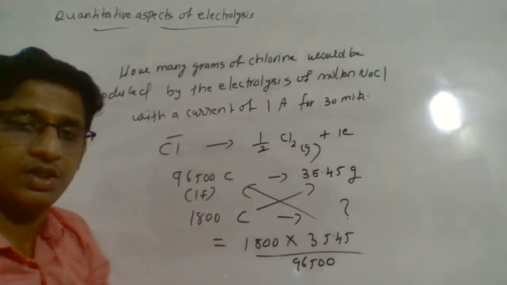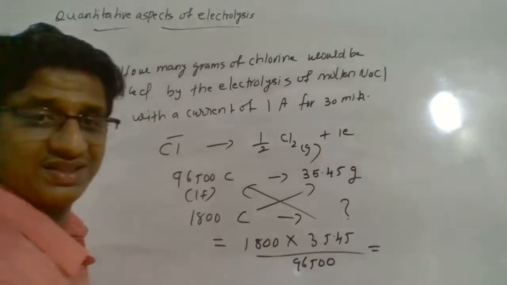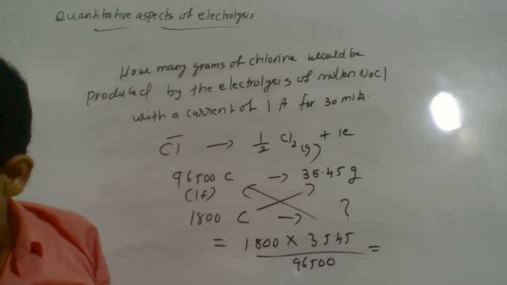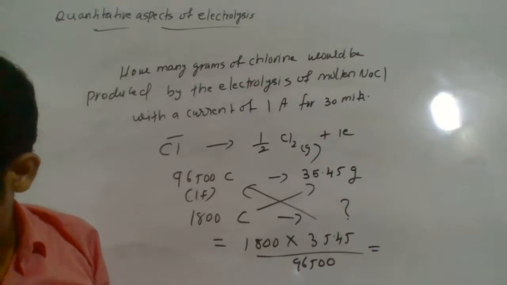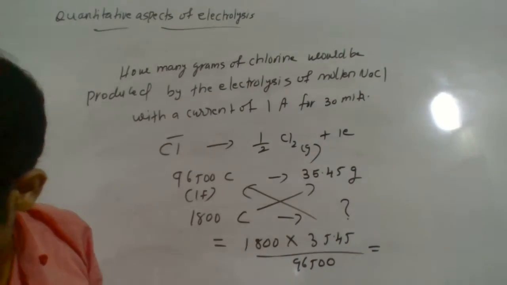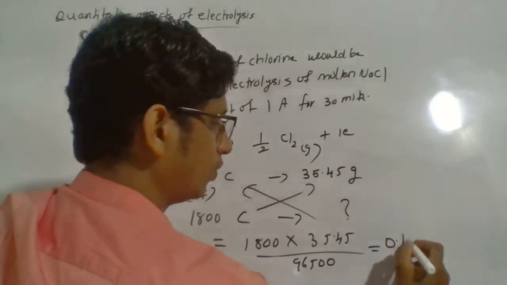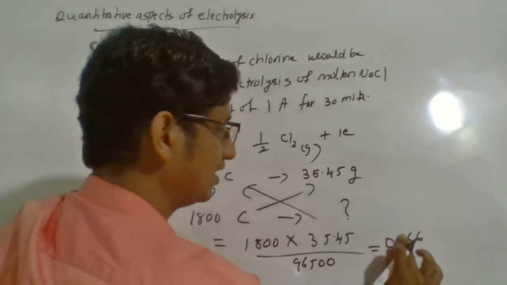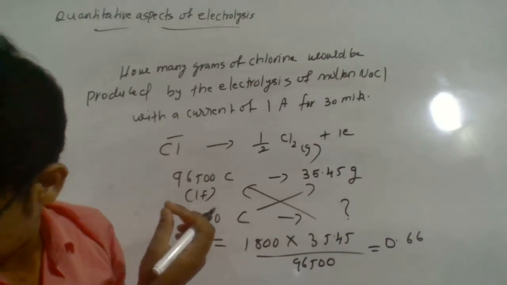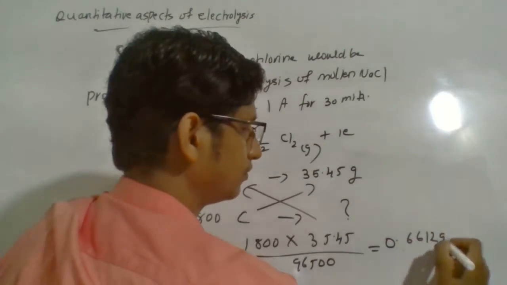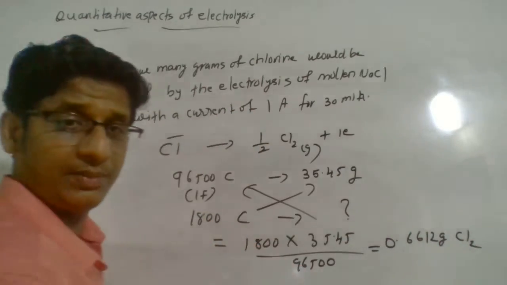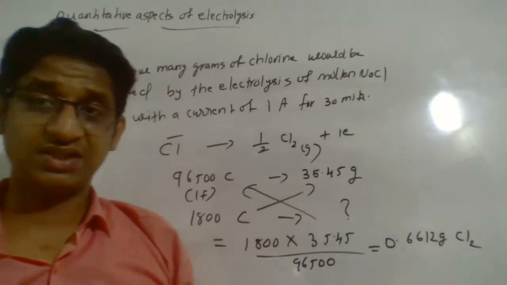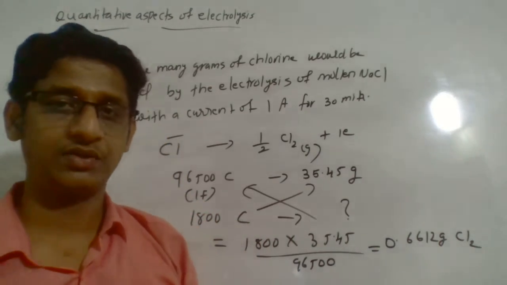If you calculate it, you will get 0.6612 gram of chlorine liberated. So that's the way you can simplify and do this calculation.